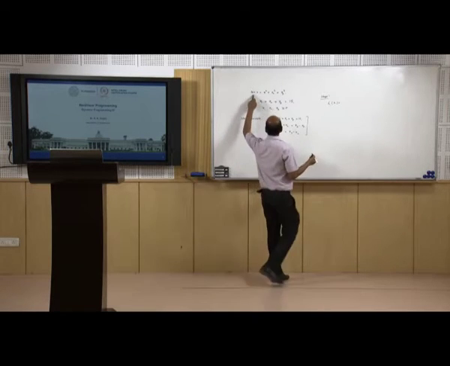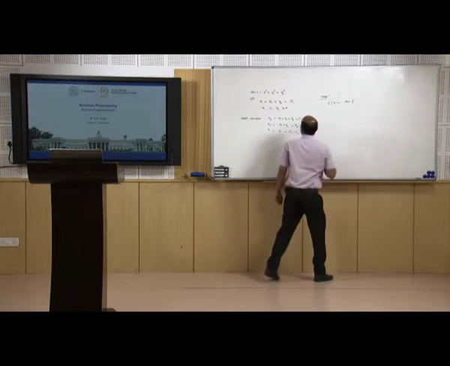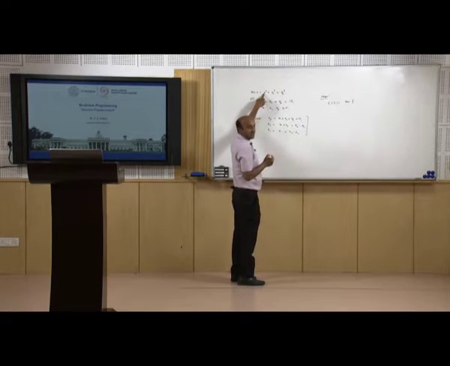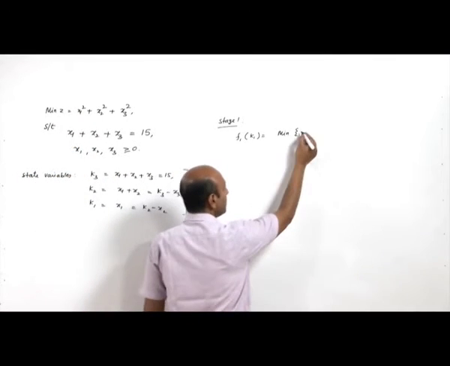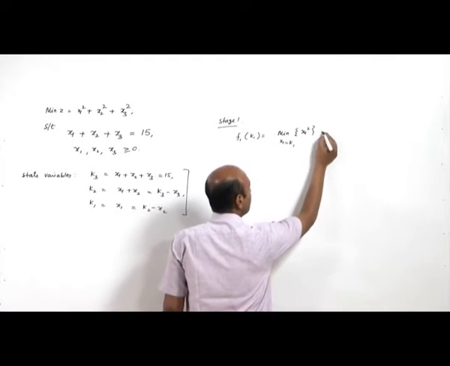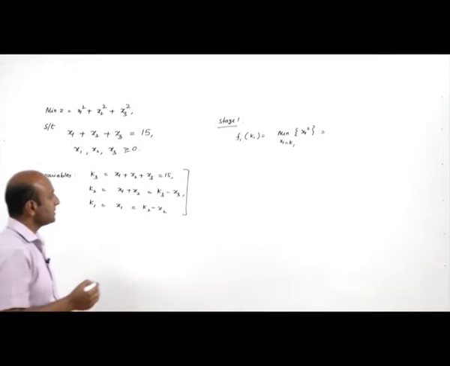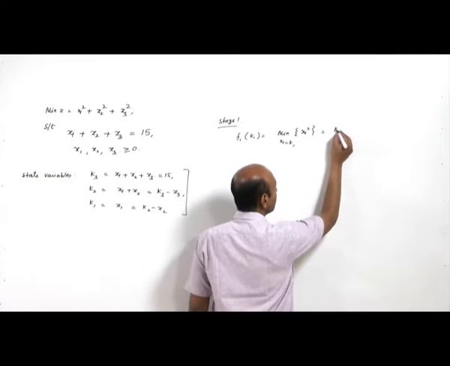Since it is a minimization problem, and it involves only one objective x1 square, it is the minimum of x1 square subject to x1 equal to k1, which is k1 square only.